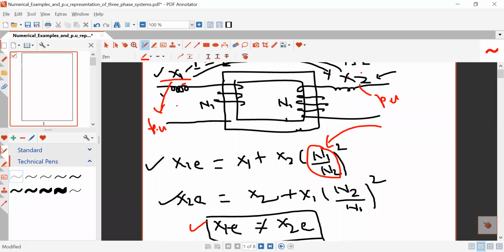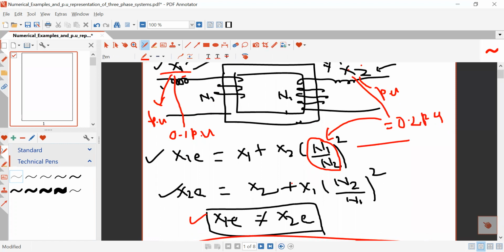For example, if this reactance value is 0.1 per unit and this reactance value is 0.2 per unit, then what will be the total reactance of the transformer referred to the primary? Then you just have to add these two, 0.2 and 0.1, and the answer will be 0.3 per unit.